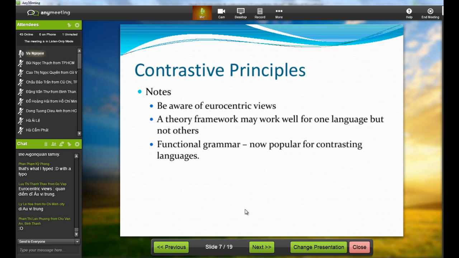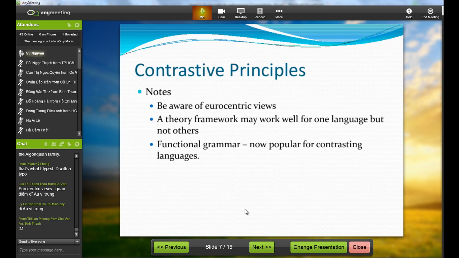For example, the subject-verb model of describing sentences works very well with European languages because you can always find a noun in a subject and a verb in a predicate. But for Vietnamese, you see, in a lot of sentences we cannot identify a noun in a subject or we cannot identify a verb in a predicate.